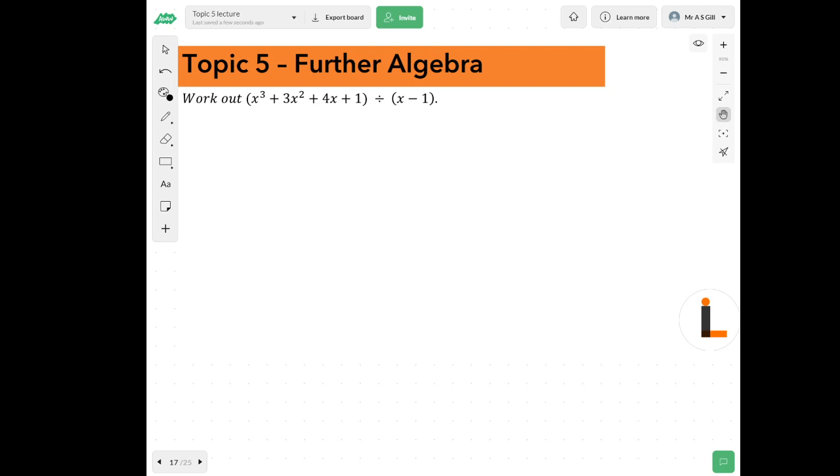So what remainder theorem is saying is if we were to do this polynomial long division, we'd get some answer, either 0 or some remainder. But we can skip that step by saying, well, rather than doing that, let's find f of 1.